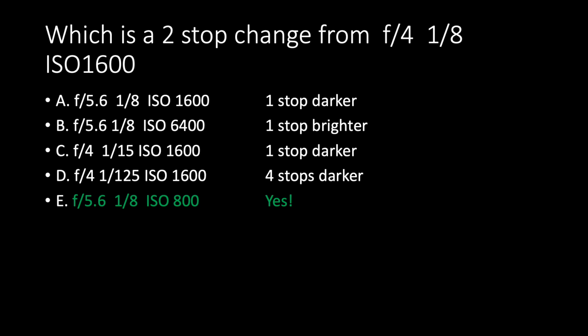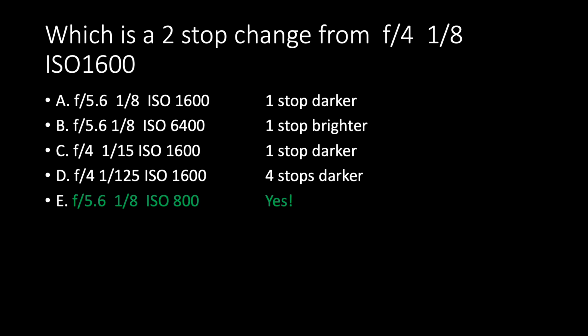Looking at answer B, our f-stop goes from 4 to 5.6, so that's a 1 stop darker change. Our shutter speed stays the same, but our ISO goes from 1600 to 6400, which is a 2-stop brighter change.